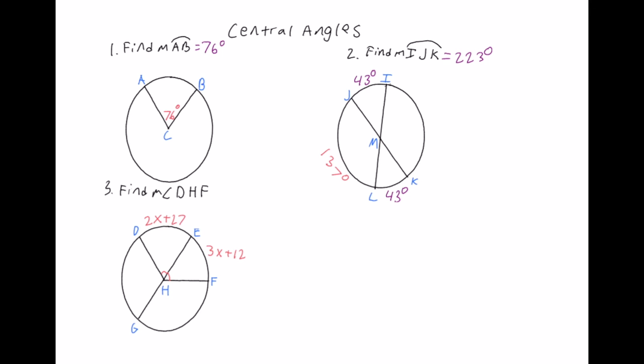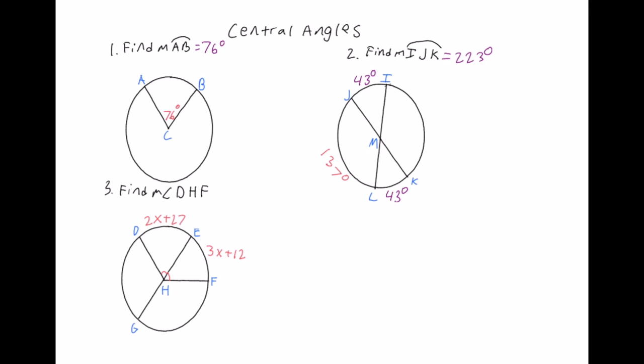Now for this last example, we can find the measure of angle DHF, and to do that, we need to solve for x. So if you notice here, these two angles are congruent, meaning these two arcs are congruent. So if we have the measure of these two arcs, we can use that to find angle DHF, this whole angle here.